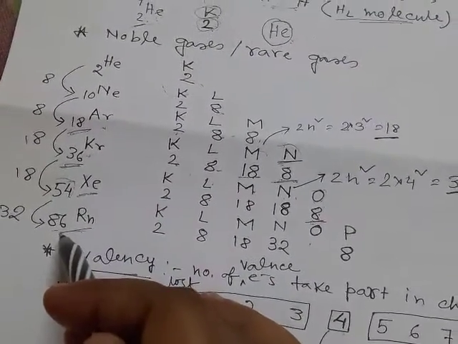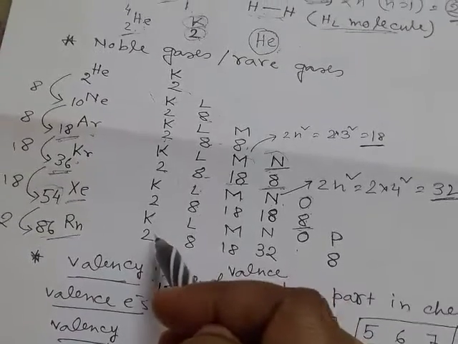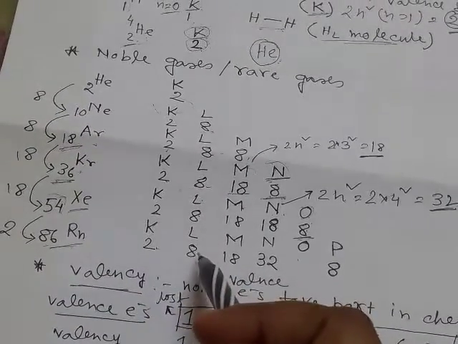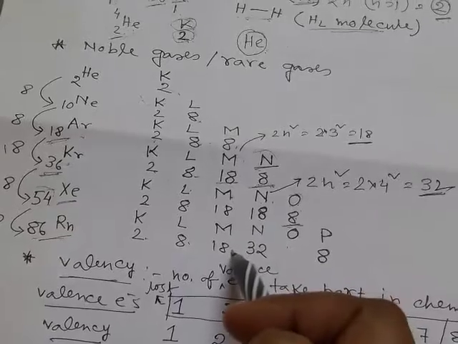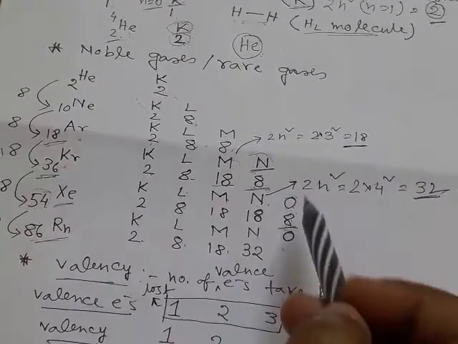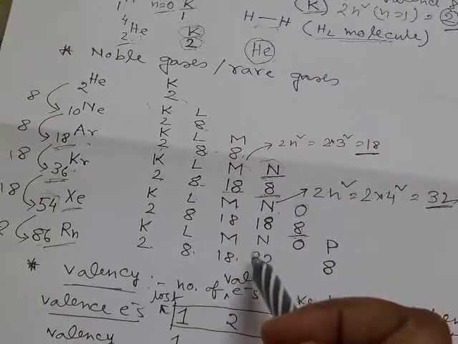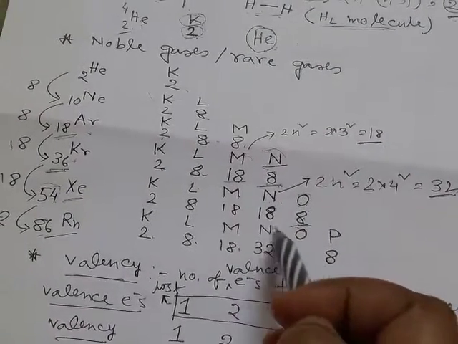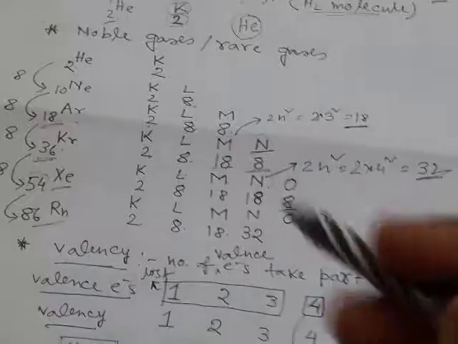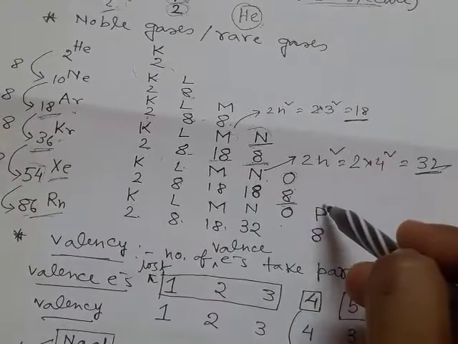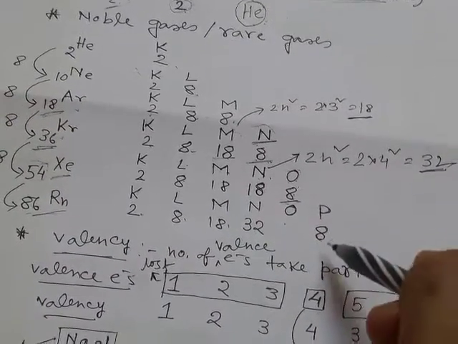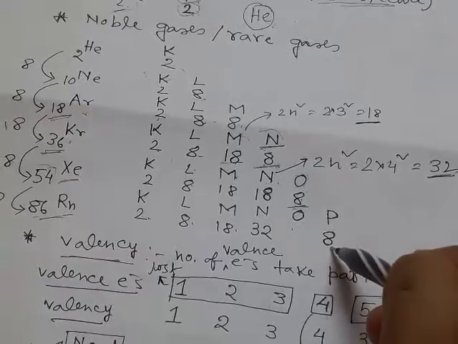Atomic number is 86. So here 2 electrons in K shell, 8 electrons in L shell, 18 electrons in M shell, and as N shell can accommodate maximum 32 electrons, so 32 electrons in N shell. Then here the valence shell is the P shell, so 8 electrons will go to the P shell.